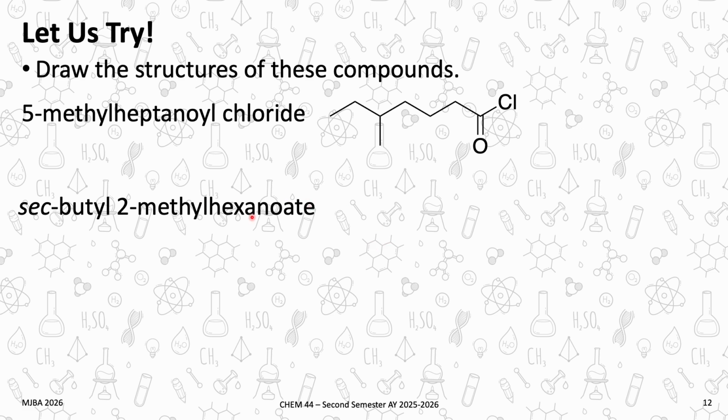So we have a 6-carbon alkyl chain because it's hexanoate with the acyl carbon as carbon 1, and on carbon position 2 we have a methyl there. And then the substituent OR has 4 carbon atoms because it is a butyl, and the connection would be through the second carbon atom.